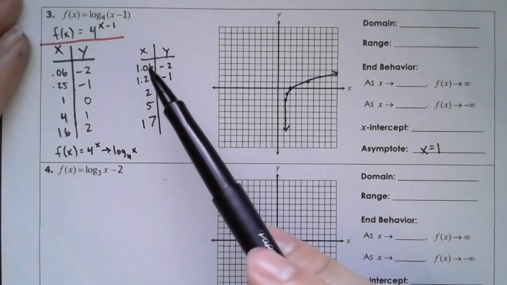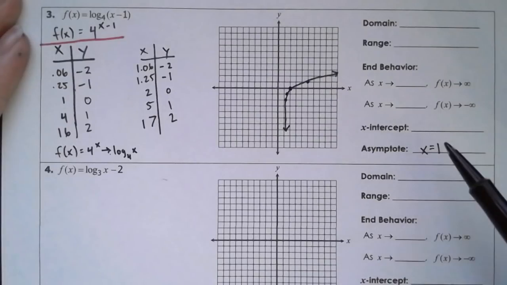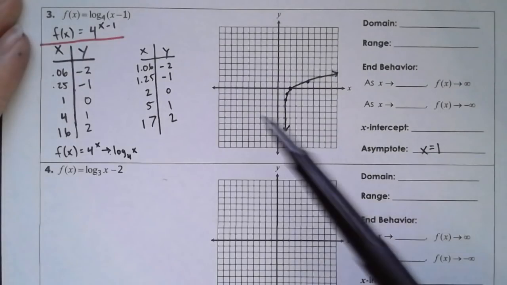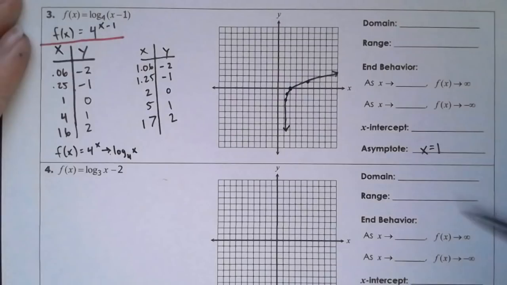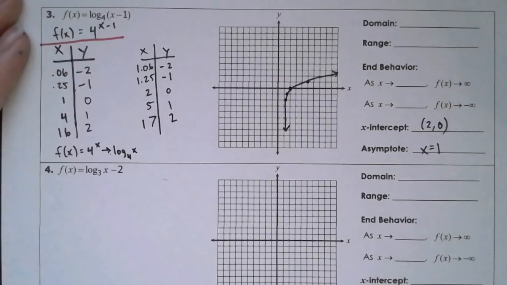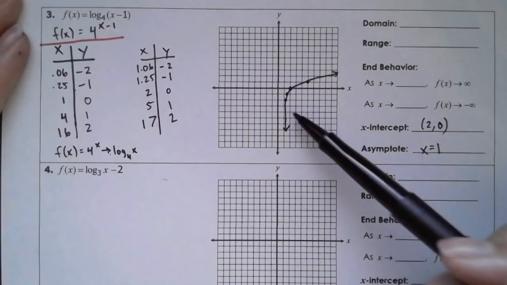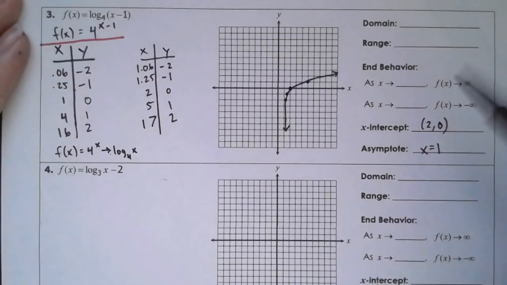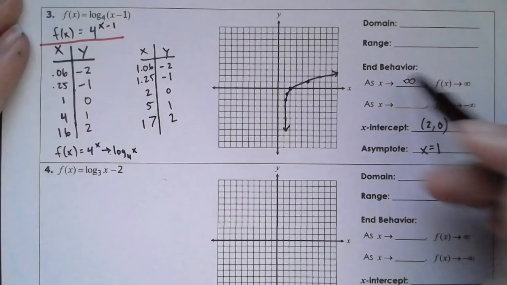My x-intercept, you can tell from my table, it's 2, 0. And then as f of x goes towards infinity, x would have to go toward infinity. As f of x goes to negative infinity, x has to approach 1.